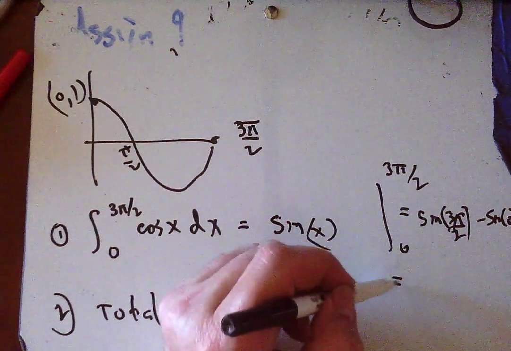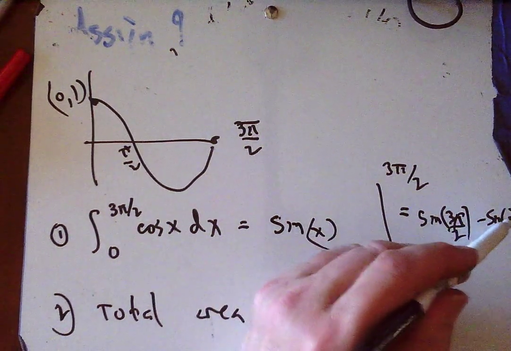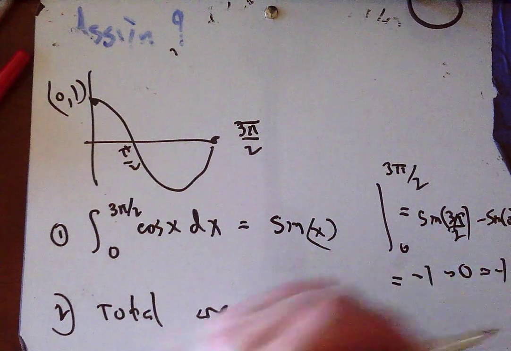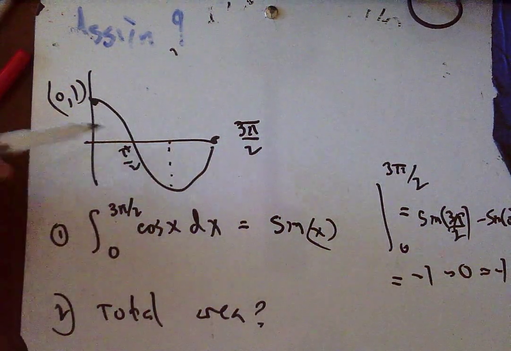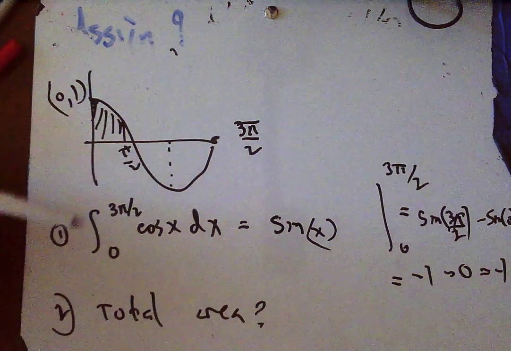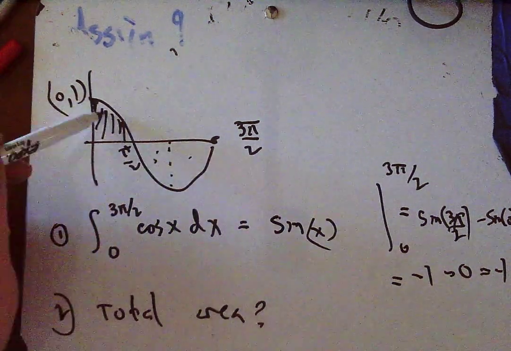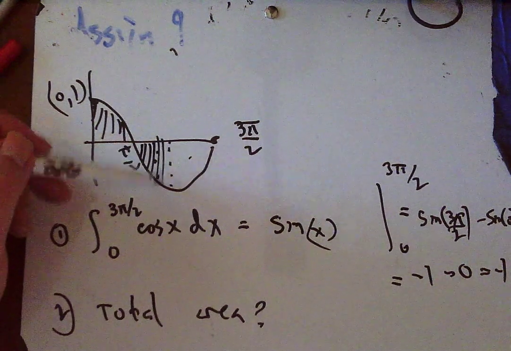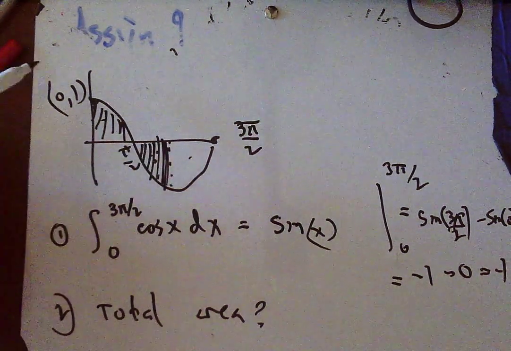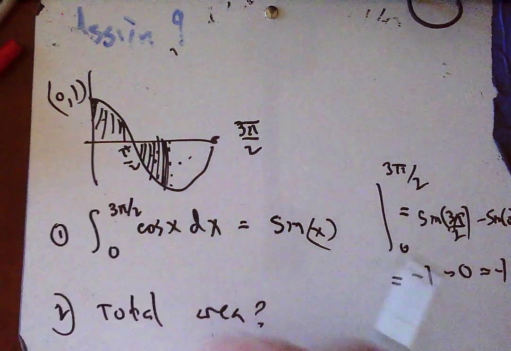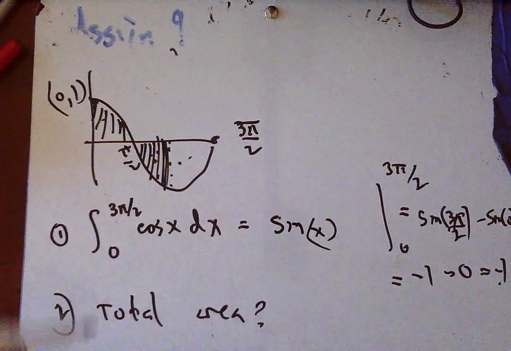Well, sine of 3 pi over 2 is -1, sine of 0 is 0, and so I get -1. And I guess the way I can understand that is this area is equal to 1. All three of these are, but these cancel each other out. +1, -1, gone. This is the only one left. That's why I have a -1.